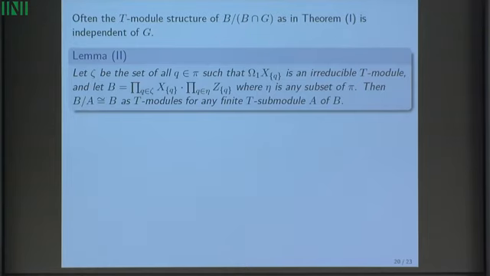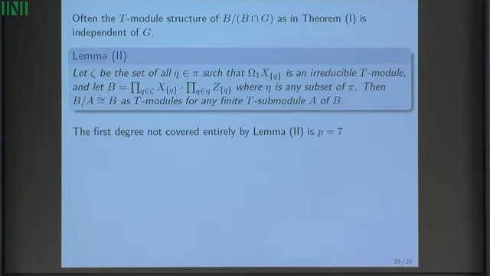Okay, so this is what we need. Zeta, the set of all primes q such that Omega_1 X_q is irreducible as a T-module. So take the product of those X_q's and throw in any number of Z_q's. So that T-module B, if you factor out by any finite submodule, it's isomorphic to B. Okay?